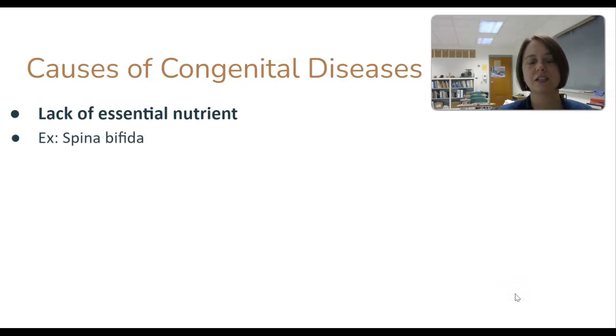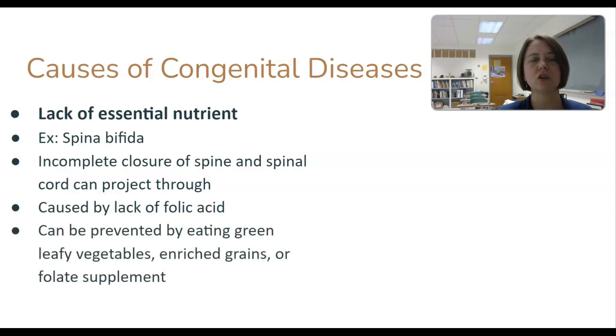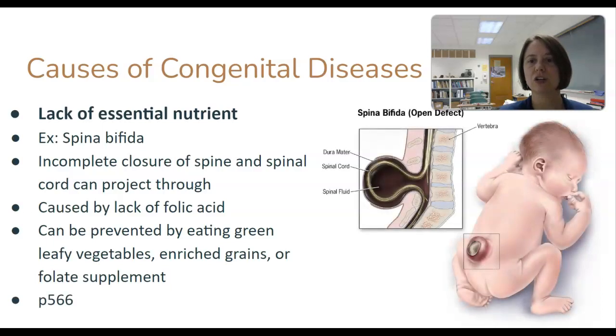So for instance, spina bifida is when there is an incomplete closure of the spine, and the spinal cord can actually kind of project through the spine, and that is caused by a lack of folic acid during pregnancy. So that sounds kind of bad. Let's look at a picture where this spinal cord has actually protruded through the spine.